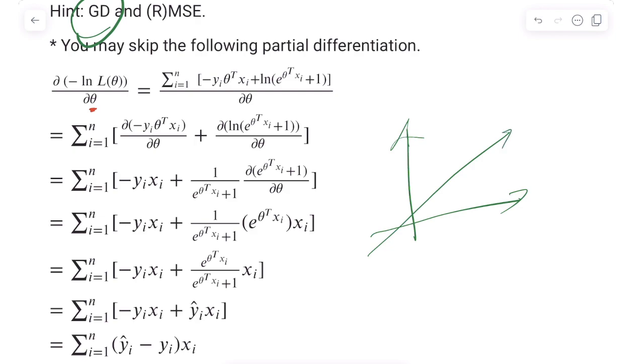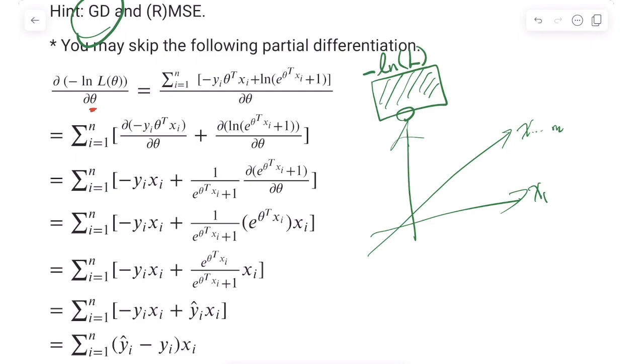So we have x1 to xm, and that is the green function we have, which is the minus log likelihood.